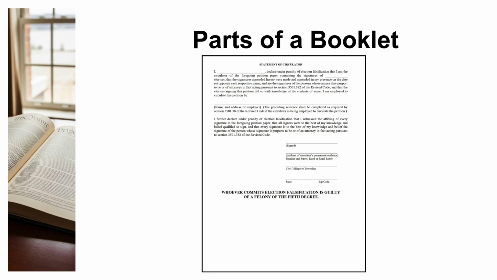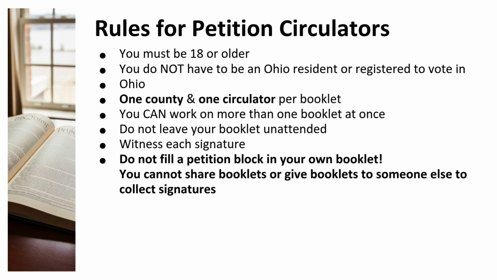Now here on this part, it does ask you for your state, because you do not have to be an Ohio resident to gather signatures for an Ohio petition, okay? You do have to be 18 or older, but you do not have to be an Ohio resident or registered to vote in Ohio, okay?